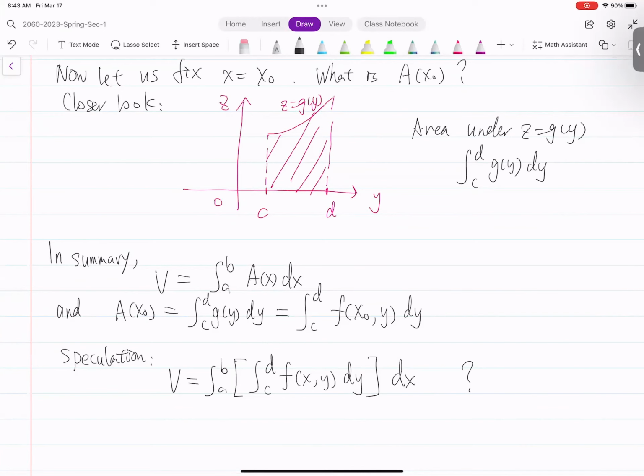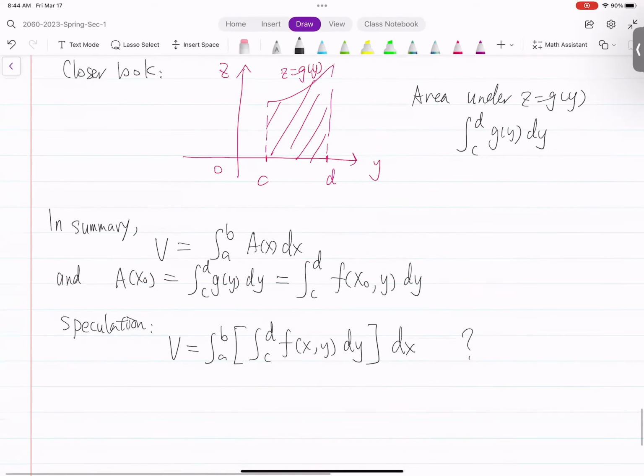If we go along this logic, it's really likely that the volume should be calculated this way. Here you see, I'm trying to replace this x0 by the variable x, because that's exactly what's required in the integral. So this is one way to think about this.